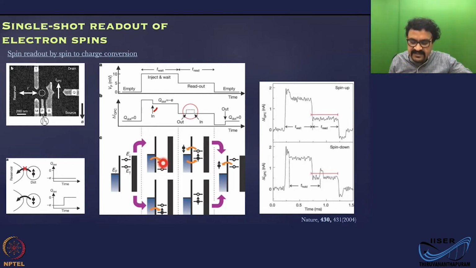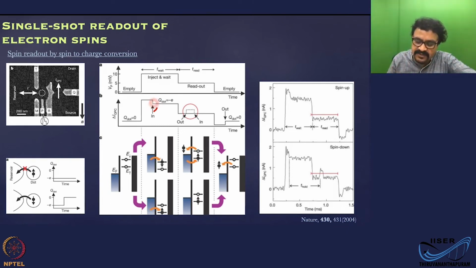Now if this level is filled, now you change the pulse a little bit. Now there is a small detail here. When one of the levels gets filled, either one, the current will drop a little bit, because though the quantum point contact current is high, the electron jumping into the dot is going to reduce the current a little bit.